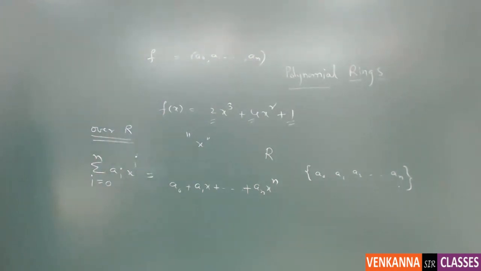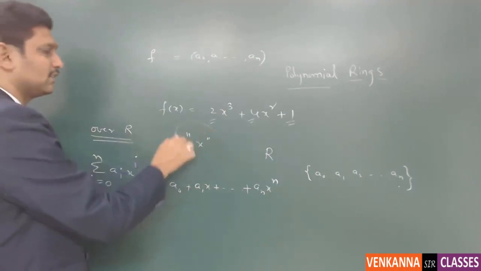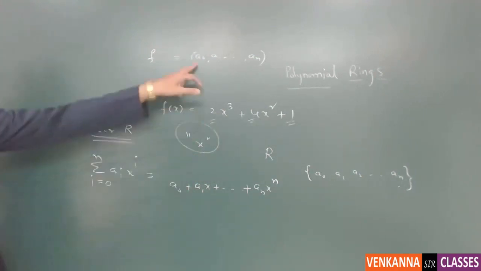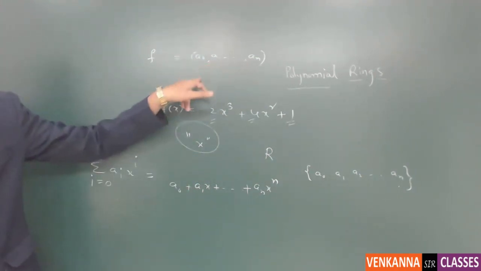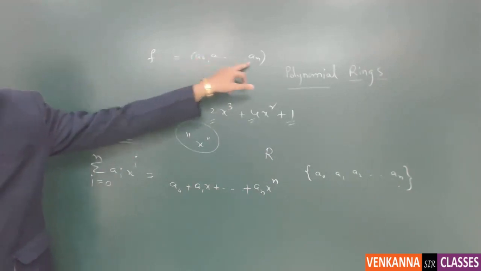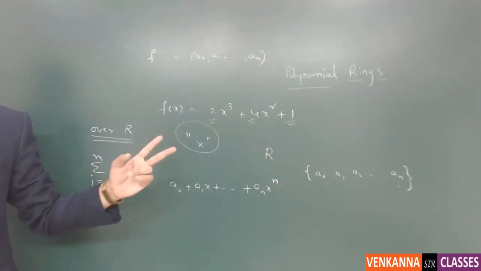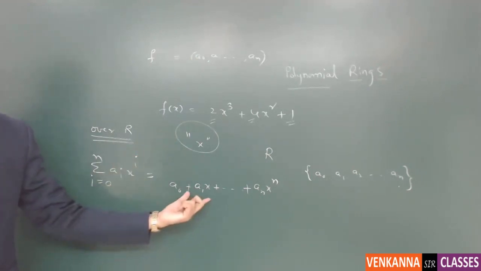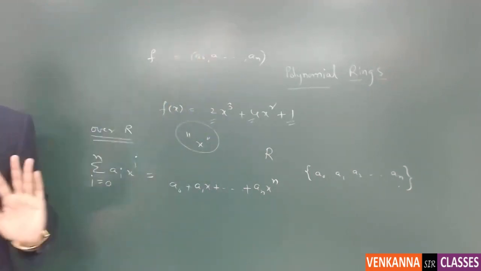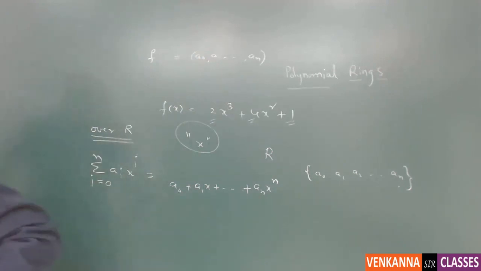It means that by default we understand that the variable is x, and the coefficients are these, from the constant term to the highest degree value. That's it. So there are two representations for it. You can write like this, or in this manner. Please take a note of this, then inform. Are you clear?